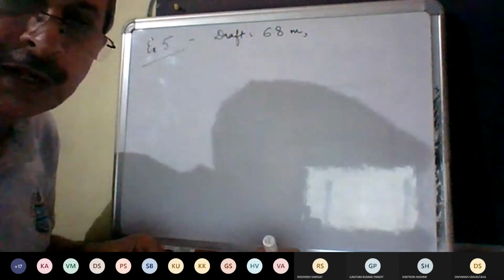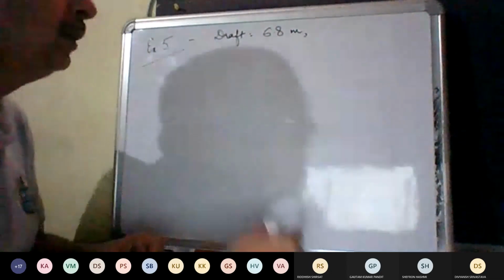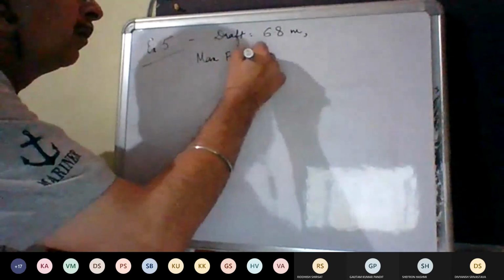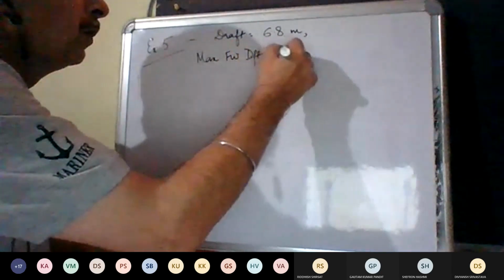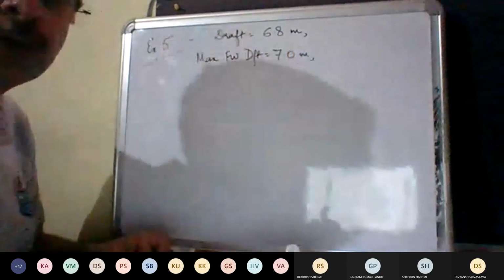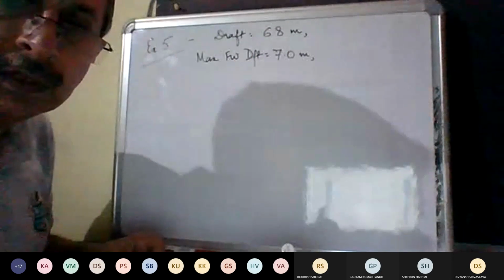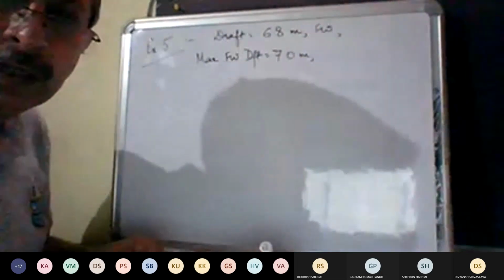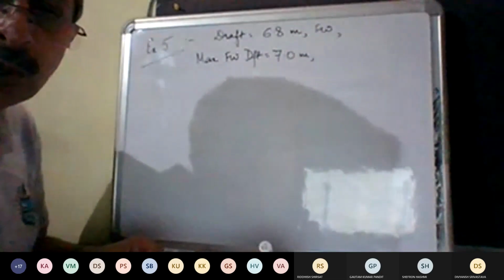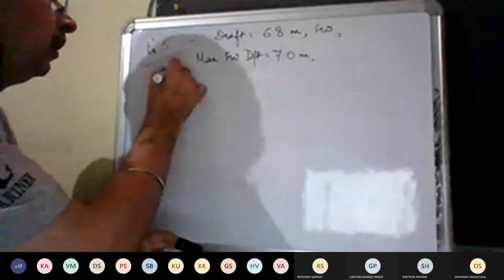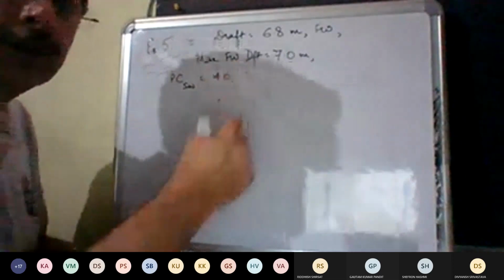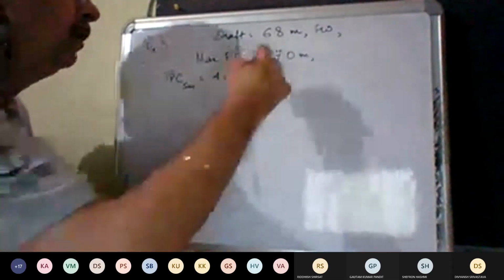If the maximum freshwater draft is 7 meters, she's floating in fresh water, please remember that. The saltwater TPC is 40. Find the dead weight available.